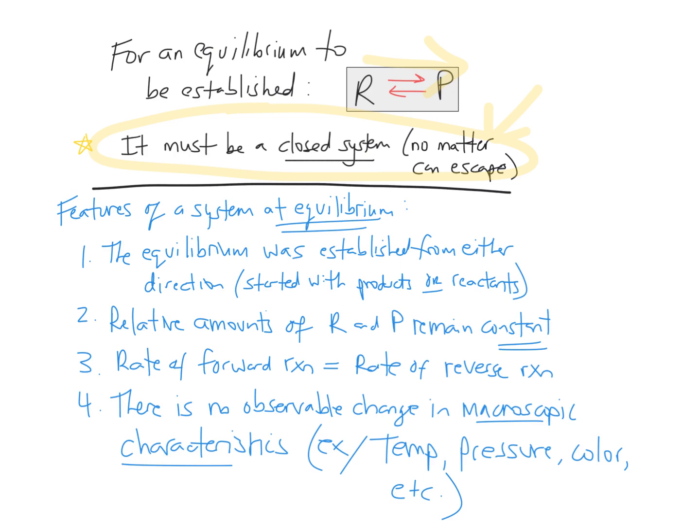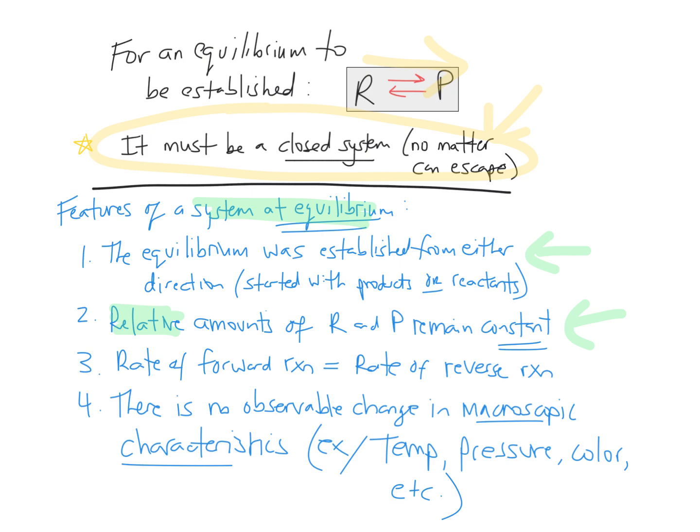Okay, and then other features you should realize about a system that is at equilibrium are as follows. So first of all, equilibrium can be established, or it was established, from either direction. So you could start with all products and they will react and generate reactants, or you could start with all reactants and they will react and generate products. The second thing is that relative amounts, and the key word is relative amounts of reactants and products remain constant.